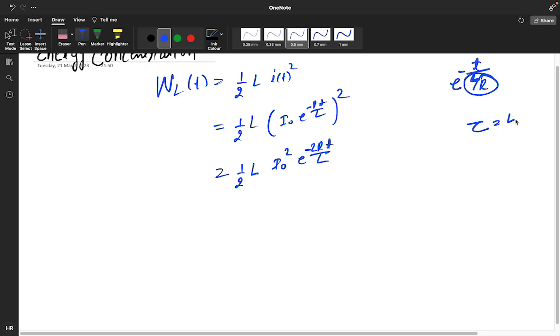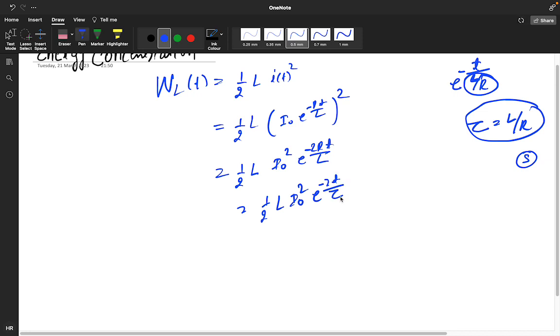So tau is equal to L by R. The value of L by R will be in seconds, so seconds will cancel out and you will get one constant value. Okay, so we can write this equation as half L I naught square e power minus 2t by tau. So this is your WL of t.